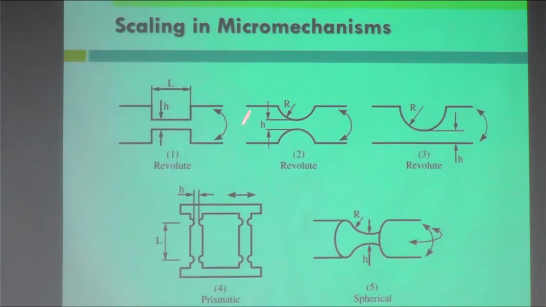This kind of design also will have different scaling laws in terms of the geometry and the mechanics. So you have different shapes, this shape, this half revolute shape, this spherical shape, etc. Then you will have different scaling.